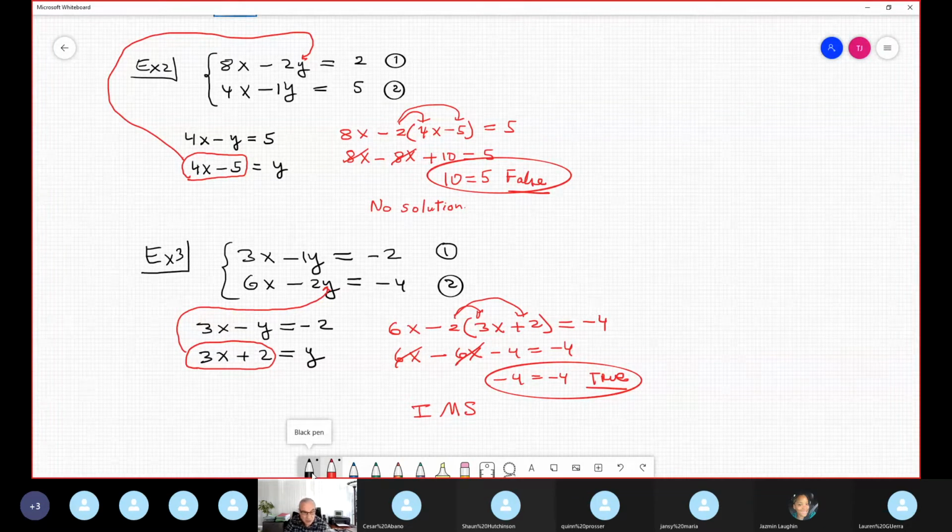Do you see the equation number 1 here and the equation number 2 are the same? Because if you multiply the entire equation number 1 by 2, 2 times 3 is 6, 2 times -1 is -2, and 2 times -2 is -4. So this is one way of verifying that they are the same.